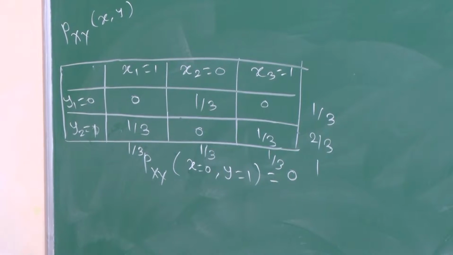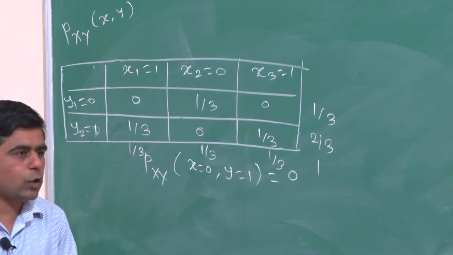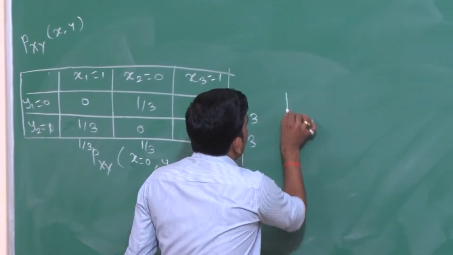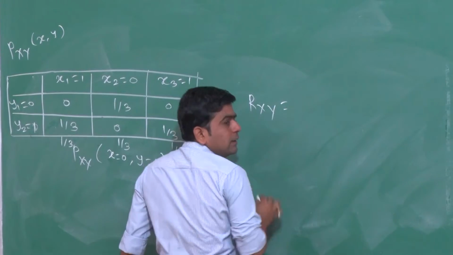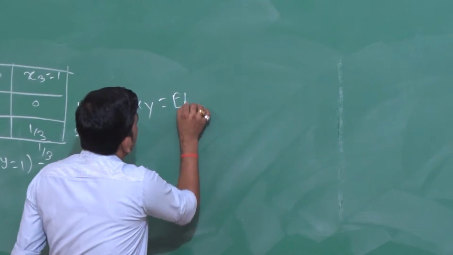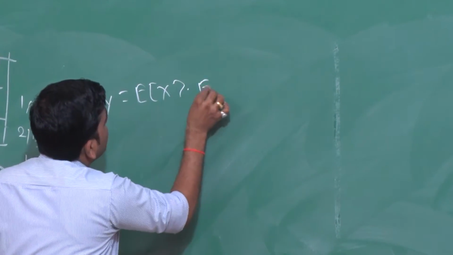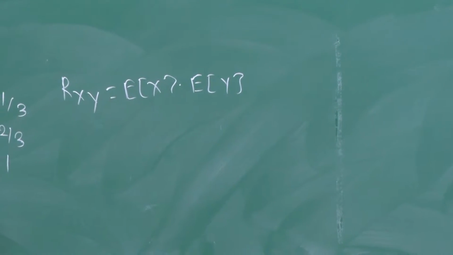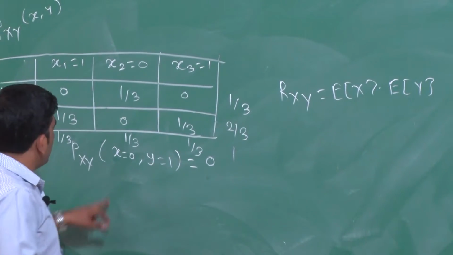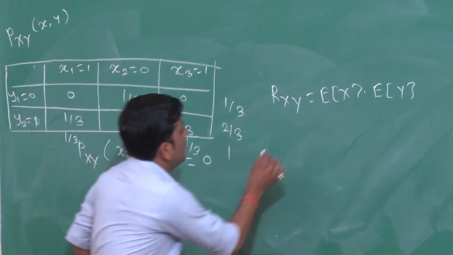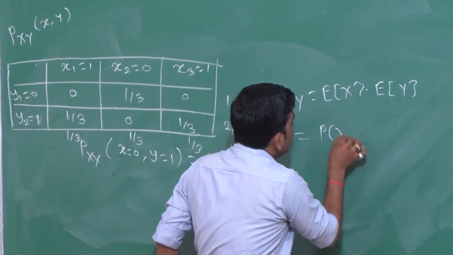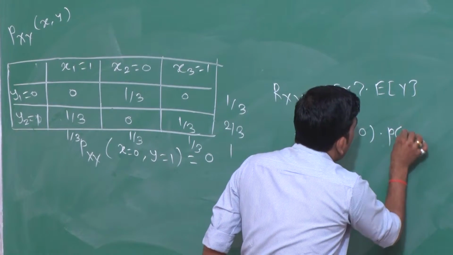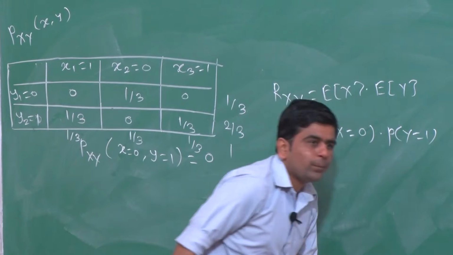Now first of all you have to check whether these two random variables, their correlation function, that is Rxy, is equal to expected value of x into expected value of y. Or here for the probability you have to check probability of x is equal to 0 into probability of y is equal to 1.